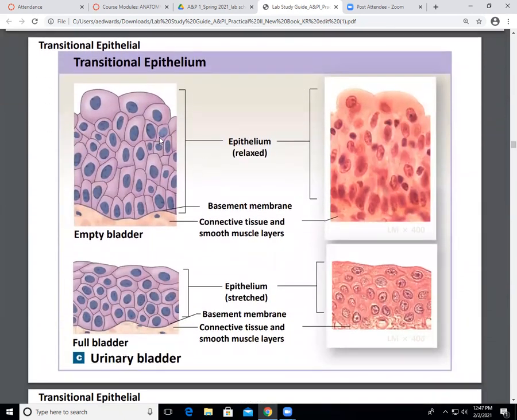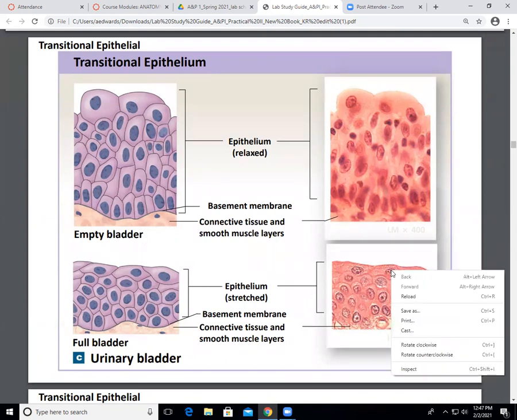So this is your relaxed state. It looks kind of swollen, all pushed up. And then when it's stretched, it flattens out. But again, you don't have a real good continuous layer of cuboidal cells. So this is not cuboidal epithelium. This is transitional.